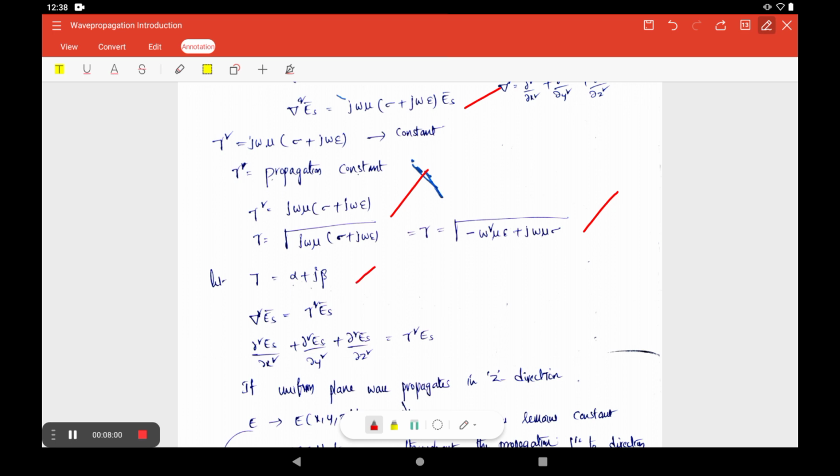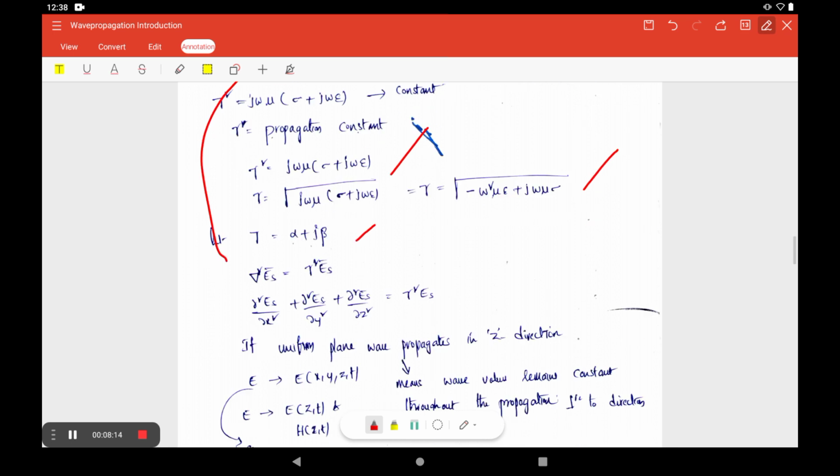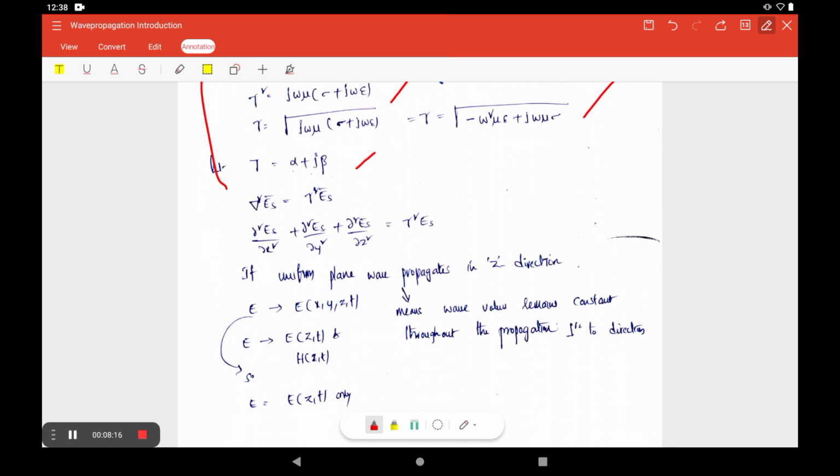Then the above equation is converted to del square Es is equal to gamma square into Es. Here del square Es is del square Es by del x square, plus del square Es by del y square, plus del square Es by del z square, is equal to gamma square into Es. Why? Because the electric field is also in the x component.